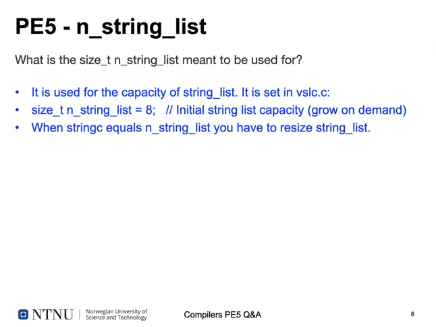So when your string count equals the number of string list, you have to resize the string list. This is a sort of poor man's dynamic memory management for string lists, but it saves you the hassle of implementing more complex data structures. I think that's a compromise to make programming a bit easier.